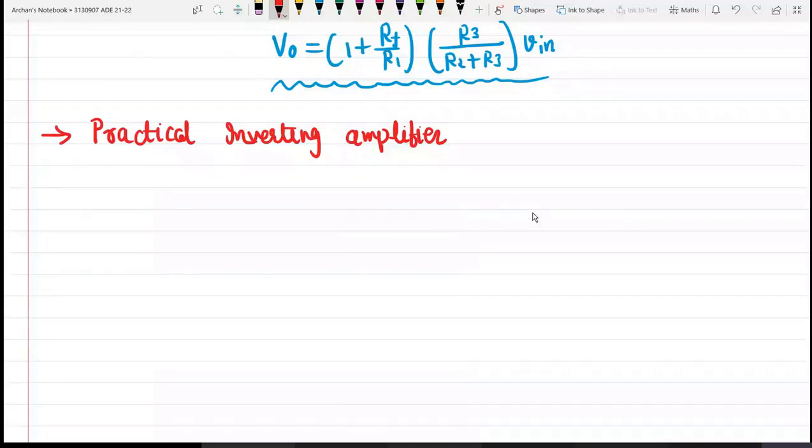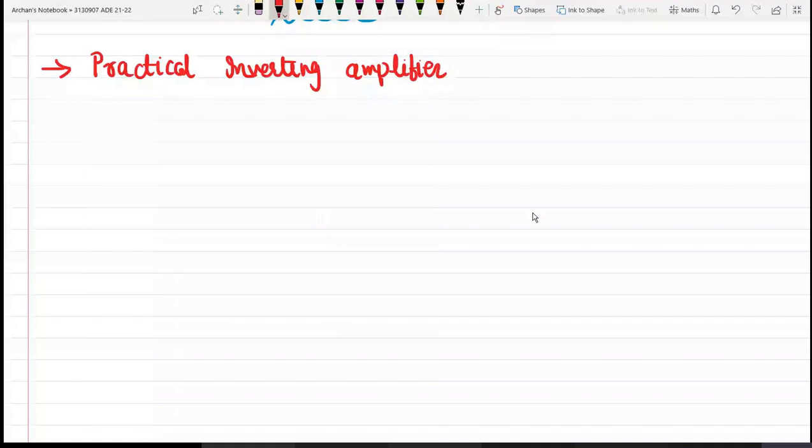Okay, so we need to consider all these non-idealities while analyzing the inverting amplifier circuit. Okay, so let us try to analyze this practical inverting amplifier circuit. We will always deal with the practical inverting amplifier, not the ideal inverting amplifier. Right?